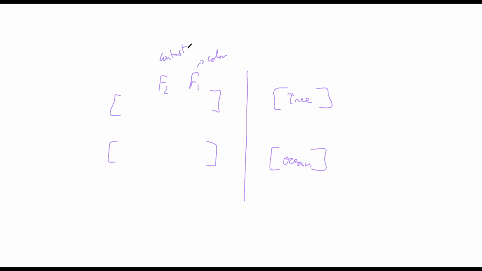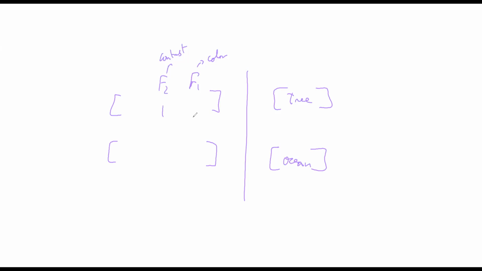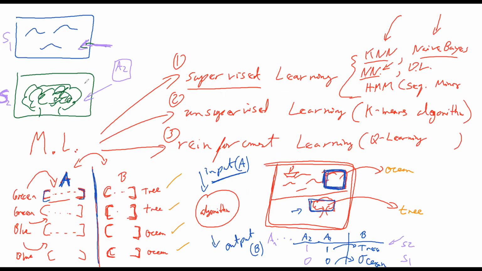Okay, so one thing that we did is that we made these binary: 1, 1, 0, 0. However, when we were talking about the contrast of the image, this one was really busy, this one was less busy.